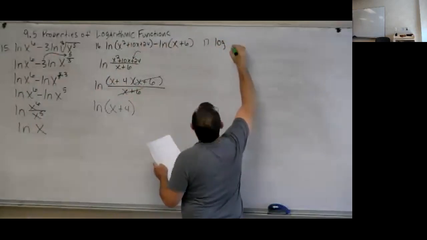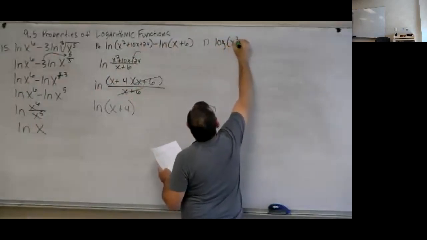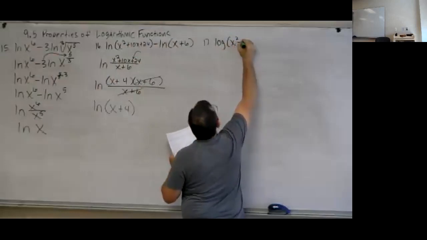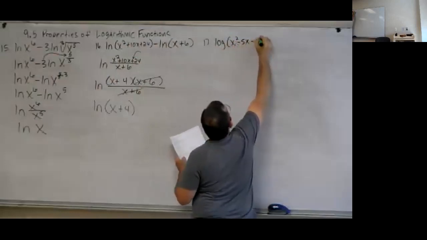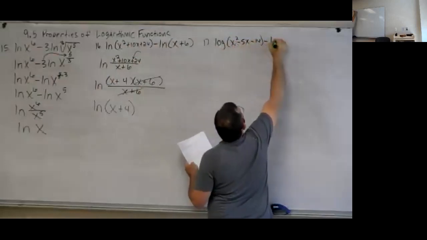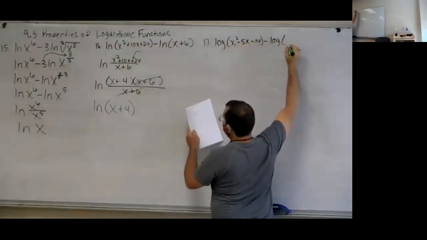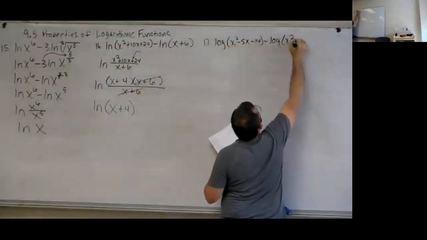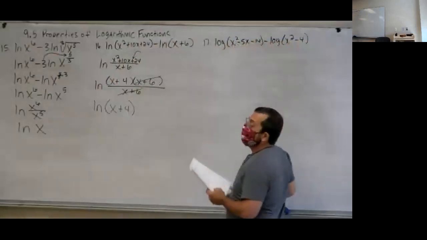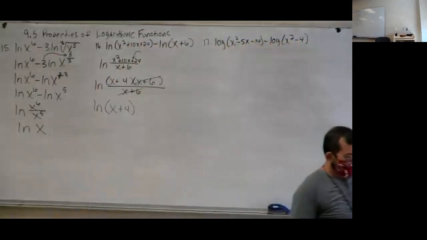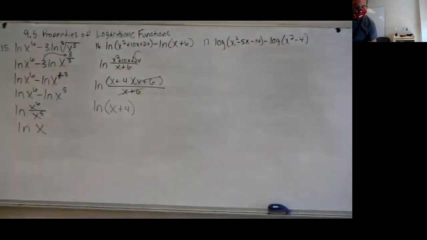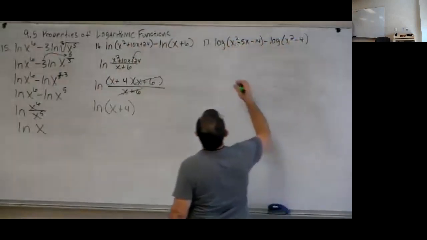Well, my last problem has a log of x squared minus 5x minus 14 minus log of x squared minus 4. So really, same thing going on. I'm going to write it as a fraction because I got a positive and a negative part.